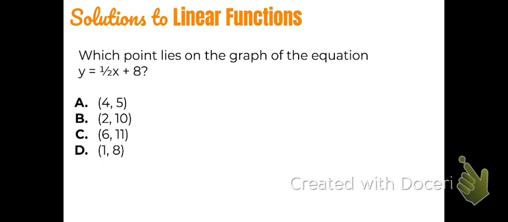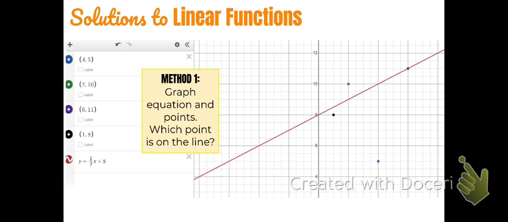Solutions to linear functions. This is a question I've seen a few times on the state test. If they ask which of these points lies on the graph of the equation, there are two ways you can solve it. The first way is to use the graphing calculator. You can graph the line and the points. Click this plus to add another expression over and over.